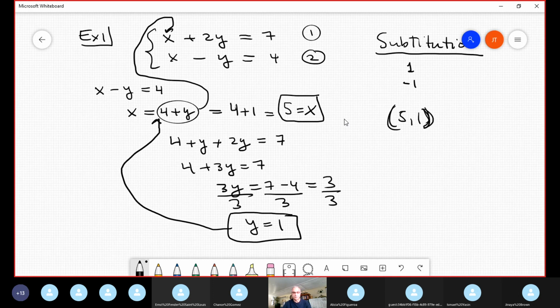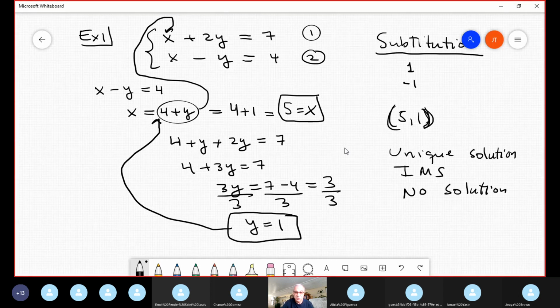I want to recall that in this system, we have three possibilities: unique solution, infinitely many solutions, and no solution. In 2D it is super easy, because we have two variables, x and y.